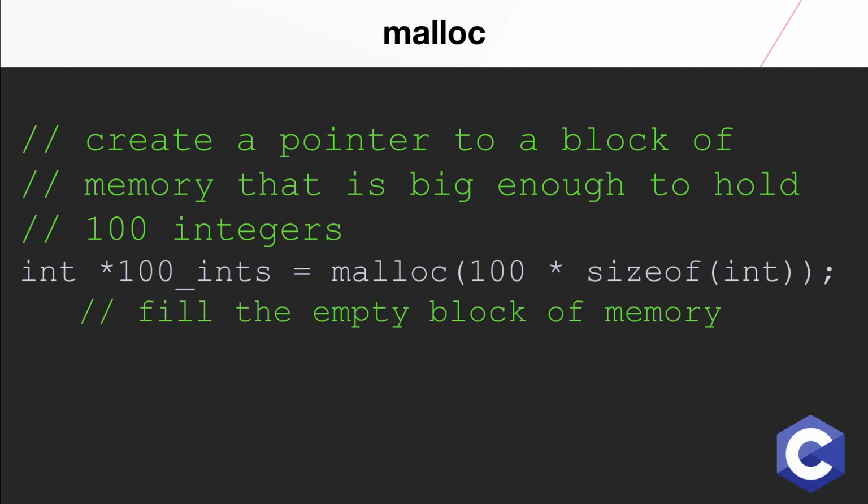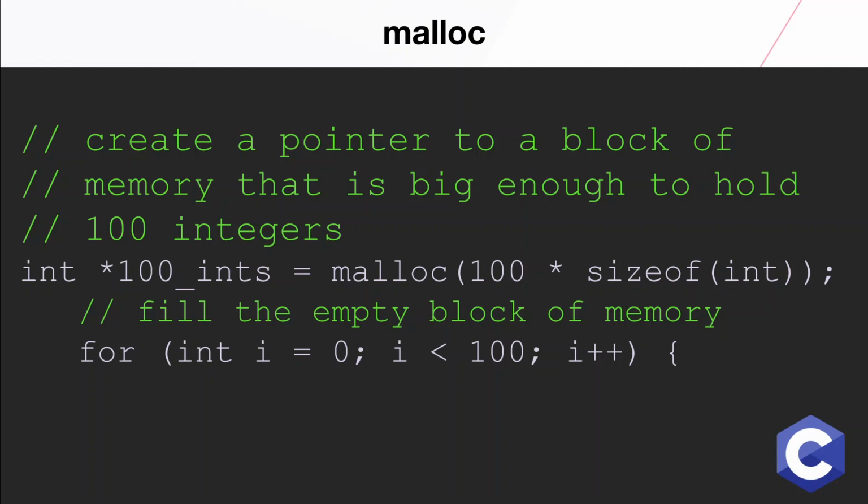Okay? And then if I wanted to, so right now I've created a space in my program's memory, but it's empty. So it's big enough to hold 100 integers, but I haven't actually put any integers in it. So then if you wanted to use this pointer to then fill that block of memory with 100 integers, you could set up a loop.